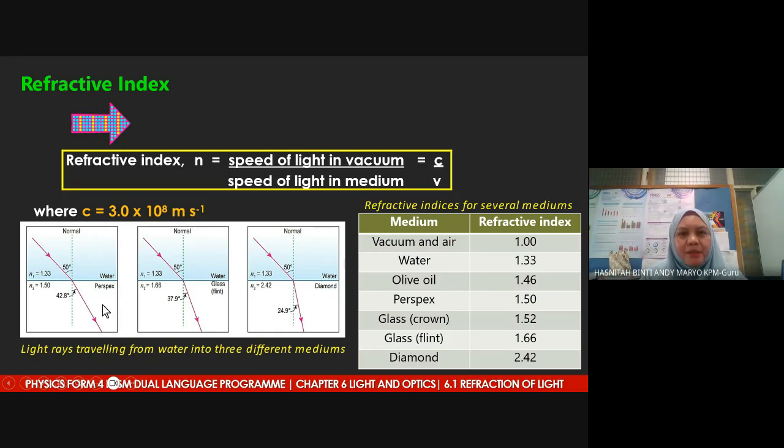If you compare perspex, glass, and diamond from this table, you can understand diamond has the greatest refractive index, followed by glass, then perspex. When the refractive index increases, what happens? The angle of refraction decreases, which means diamond refracts more light. The bending ability of diamond is higher due to the higher refractive index. That's why the angle of refraction is smaller.